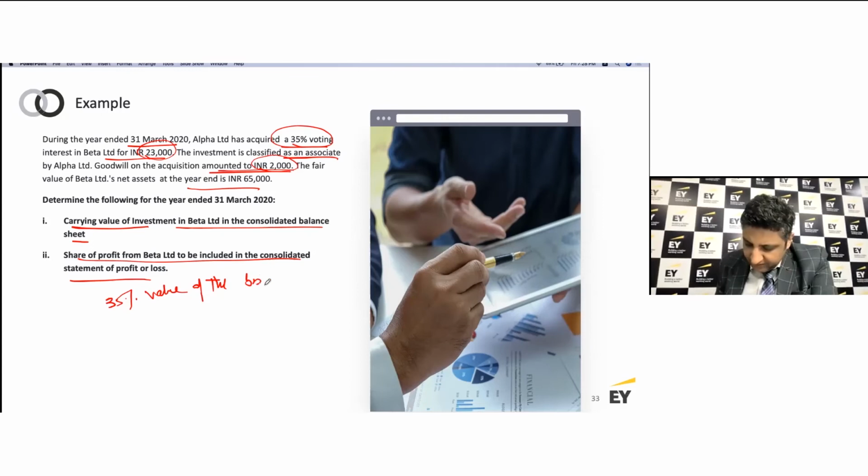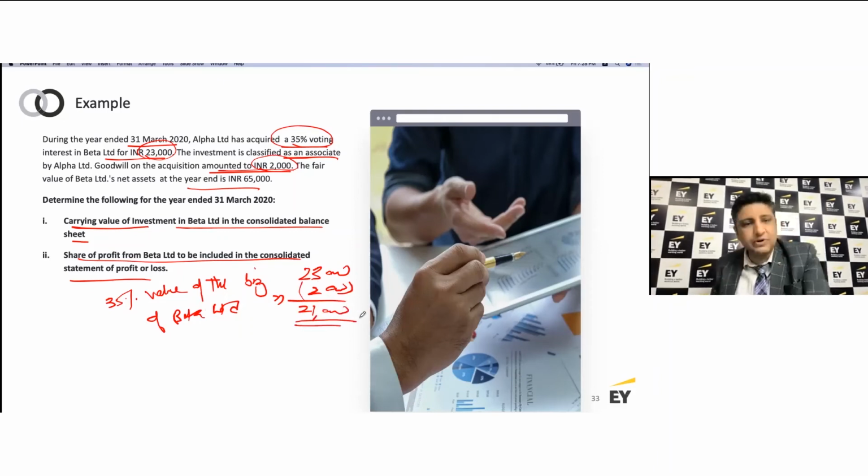which essentially means that the 35% value of the business of Beta, since you paid a premium of 2,000, must have been 21,000. Okay, for 35%, right? So what is the value of the business in totality?